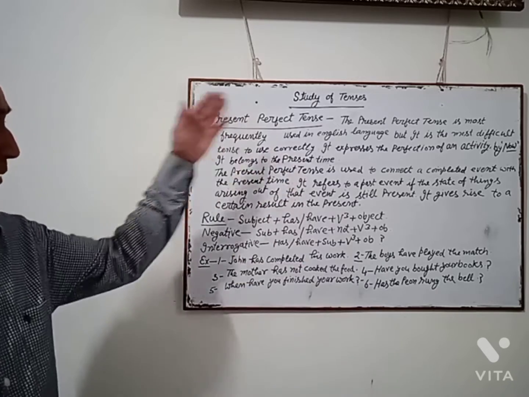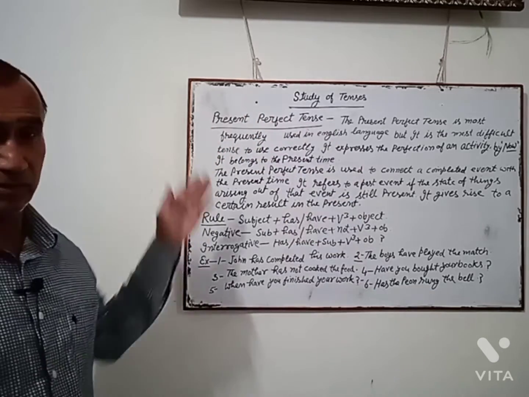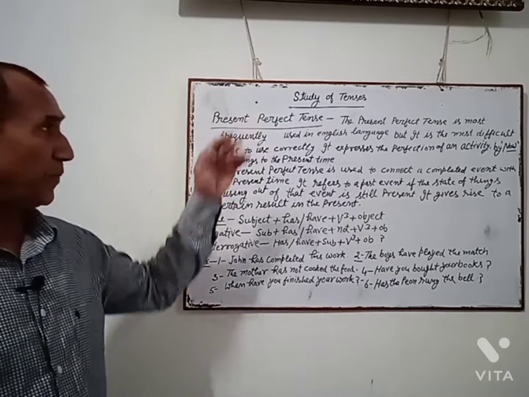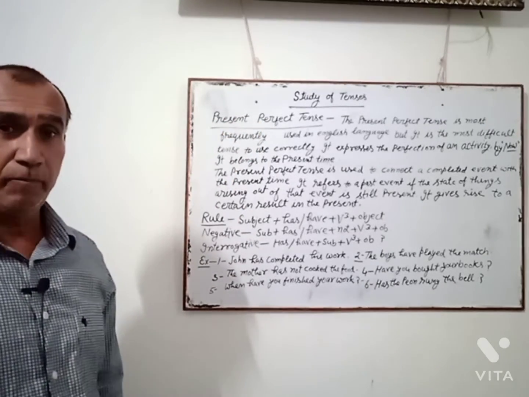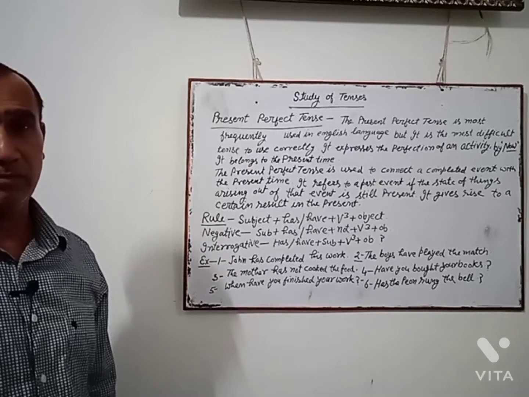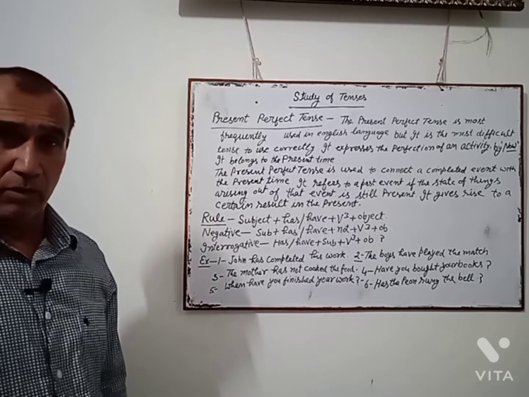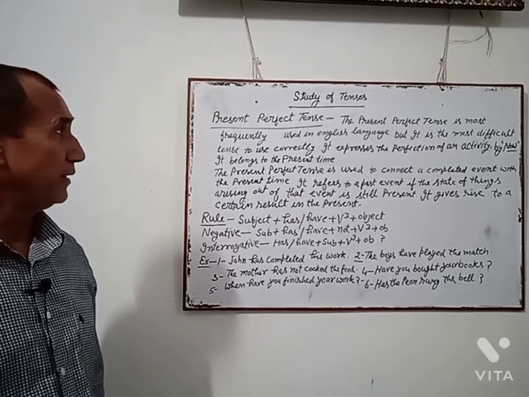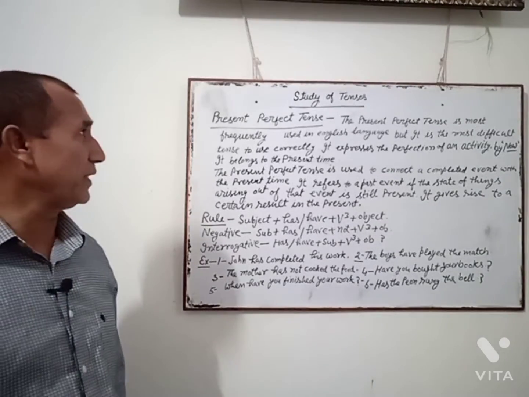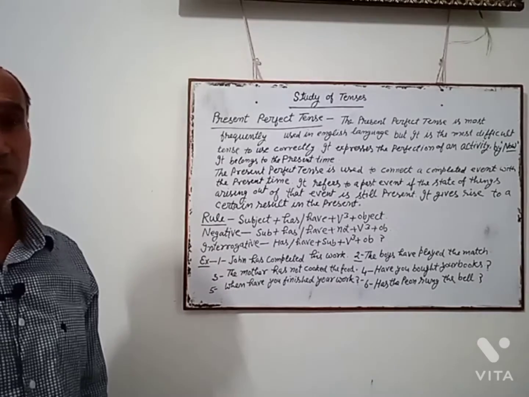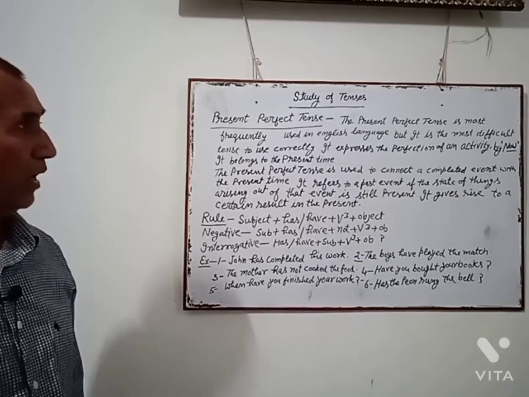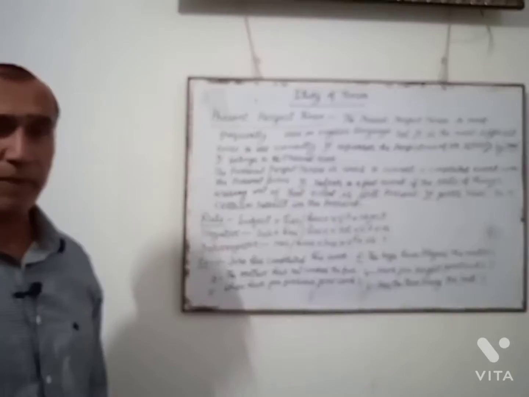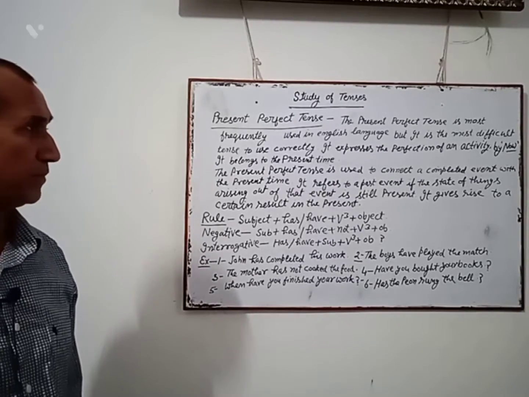There is no problem to understand the present perfect tense, but its use is very difficult. It is mostly used in English language, and it expresses the perfection of an activity.